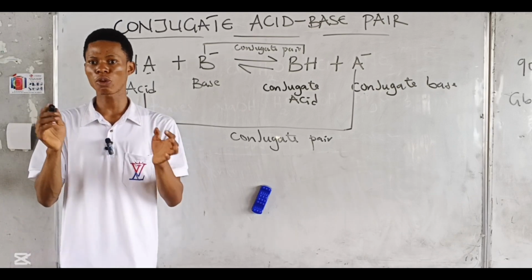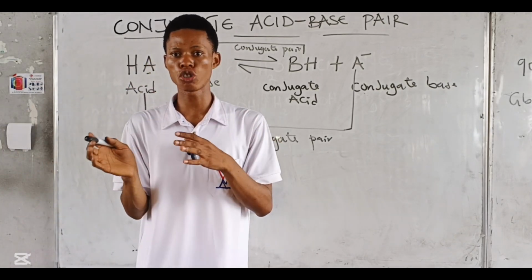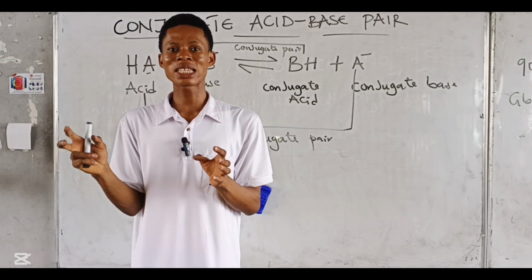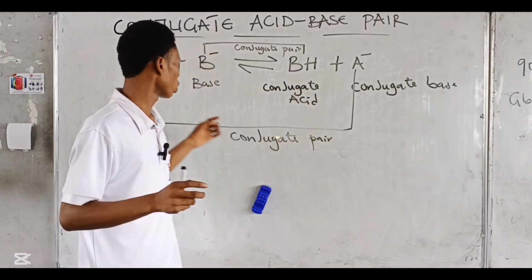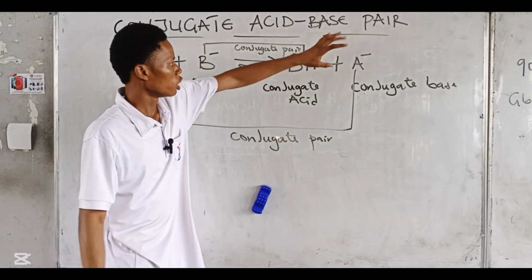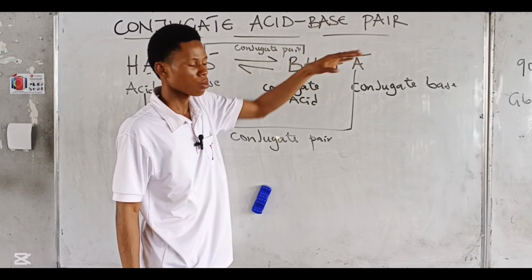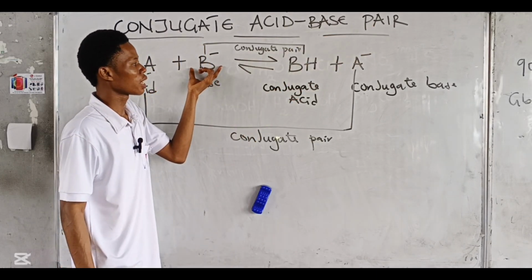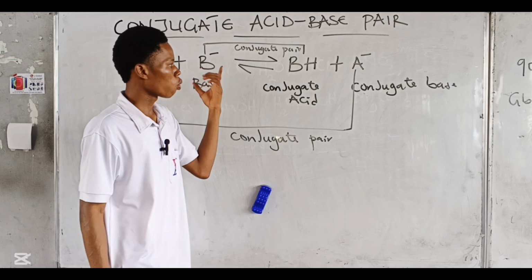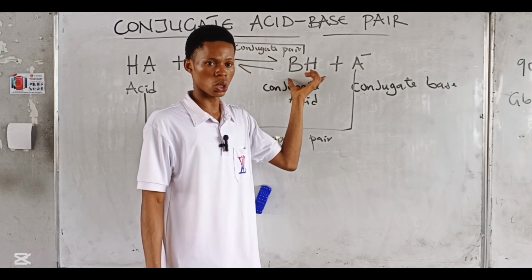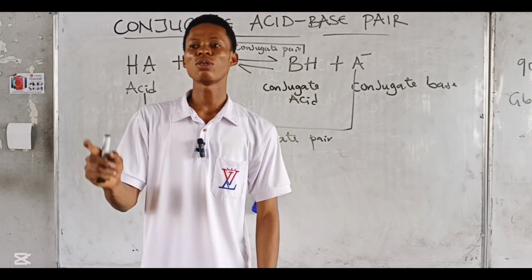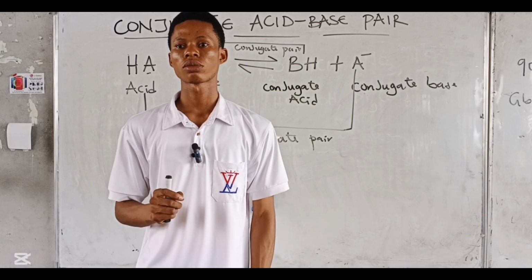Do we understand the concept of acid, conjugate acid and conjugate base? If an acid donates a proton, what is resulting is the conjugate base. If a base accepts a proton, what is resulting is called the conjugate acid. Now, the most important thing here is this.